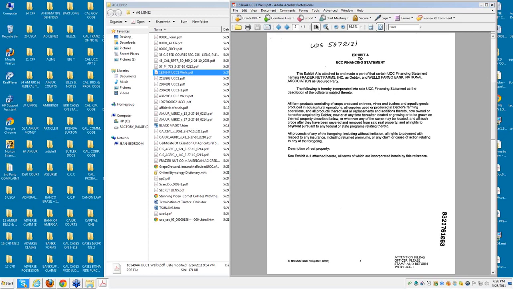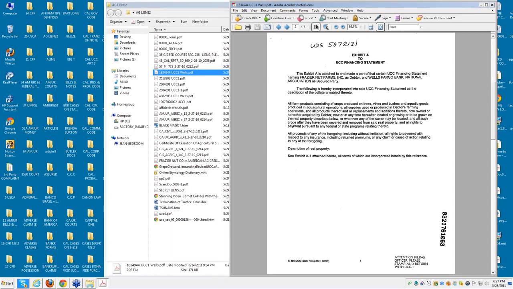Well, you notice on this attachment to this UCC1 that they have a description of real property. You want to put your land description, and preferably the metes and boundaries. You want to put the metes and boundaries description on here. The reason being, metes and bounds is a land description, not a property description.